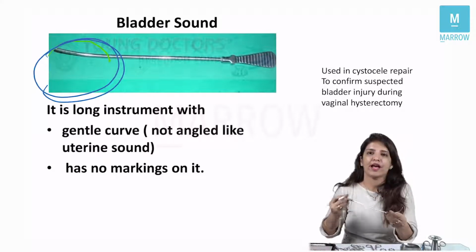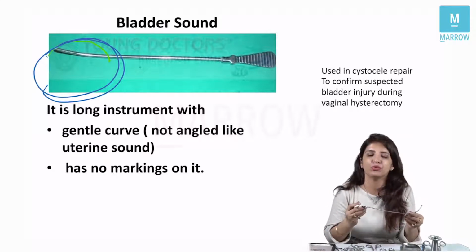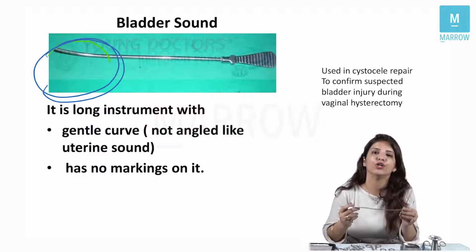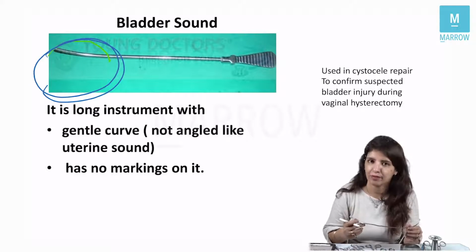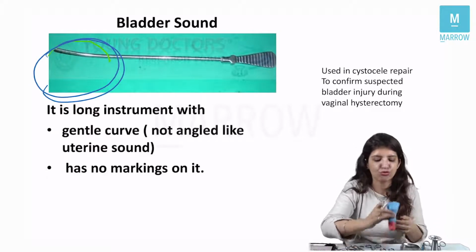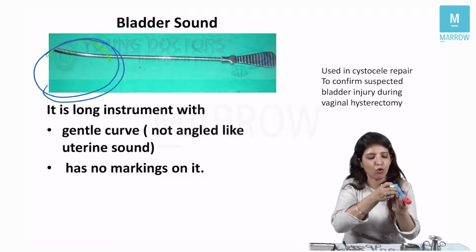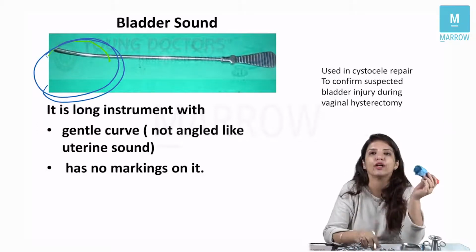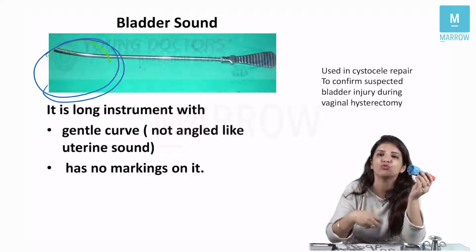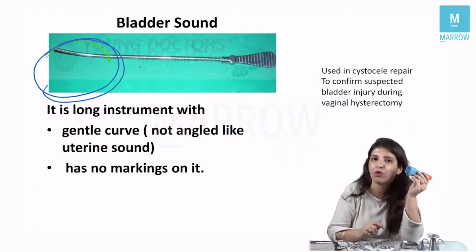So, I have introduced the sound and I have come to know the length of the uterocervical canal, right? Now, suppose I have to do a suction evacuation, or if I have to go for dilatation and evacuation, what I will have to do is I will have to dilate the internal os.